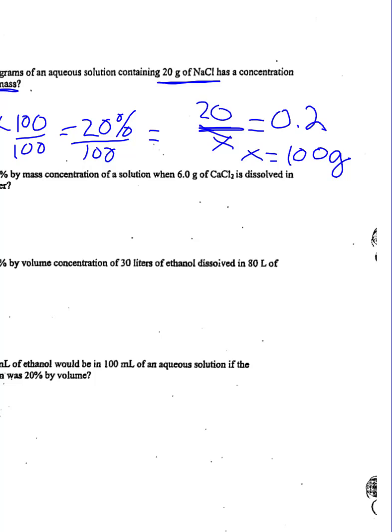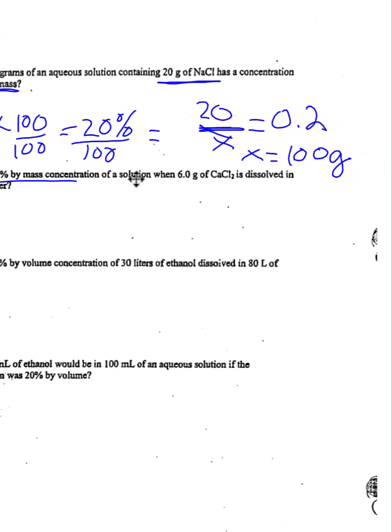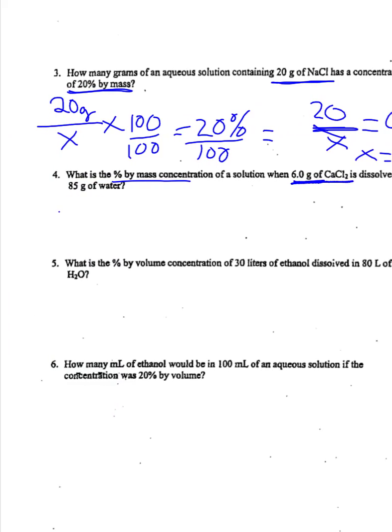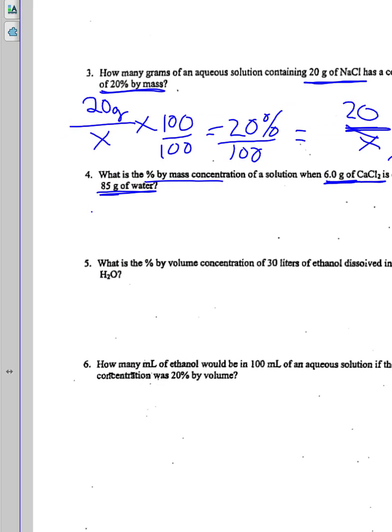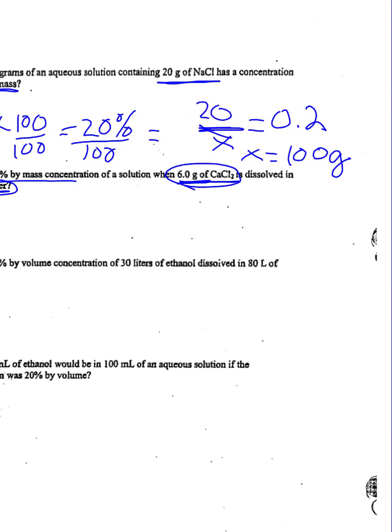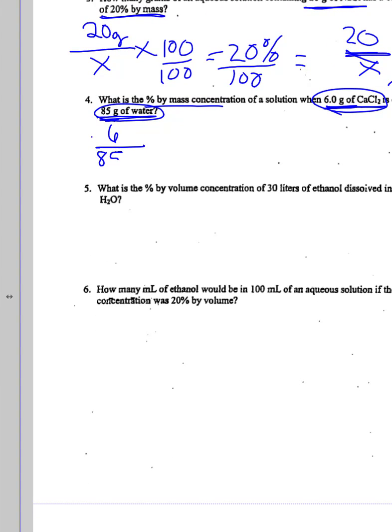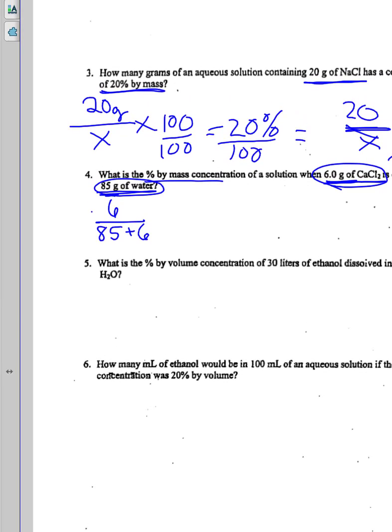It was pretty straightforward. Our next one, what is the percent by mass of a solution when 6 grams of calcium chloride is dissolved in 85 grams of water? Now here, we are going to have to add these together because it's giving us our solute and our solvent separately, and so I know I have to add them together to get my whole. So this is going to be 6 grams over 85 grams plus 6 grams.